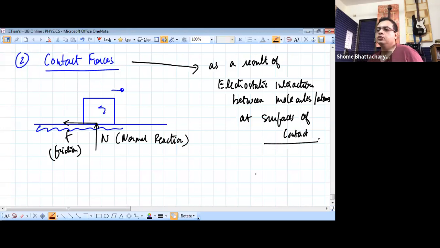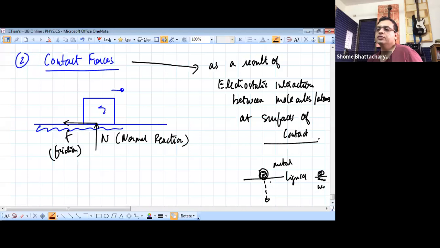So for example, you keep this block, suppose this is a metal block, on a liquid surface, you will see that it starts sinking. Okay, why? Because the interaction between the liquid molecules and the solid molecules here is different compared to the interaction between, let's say, a wooden table surface and that block.